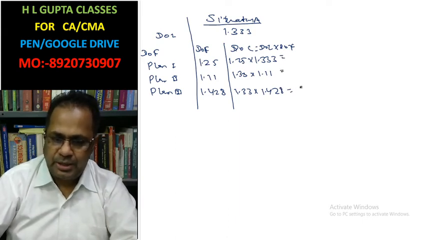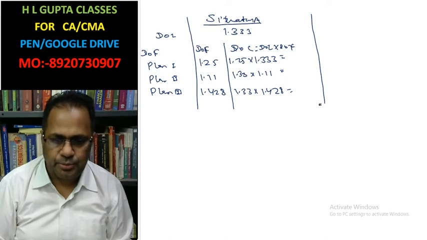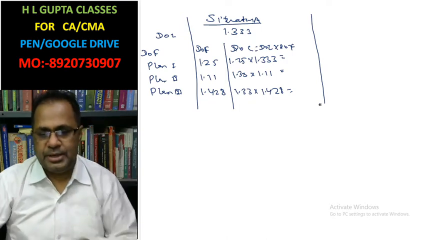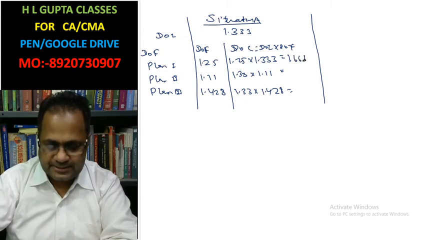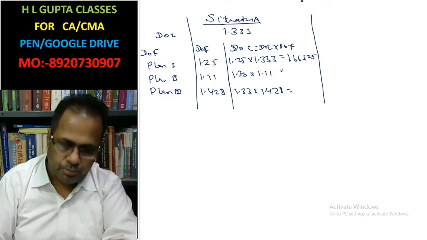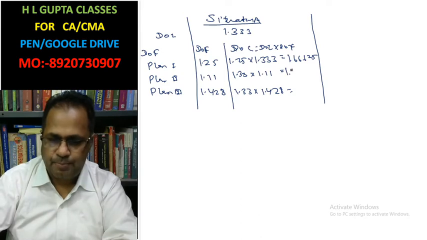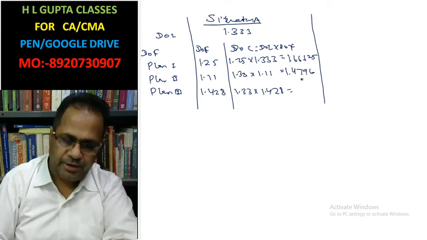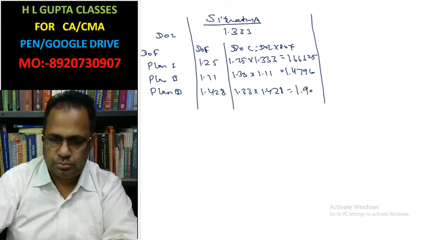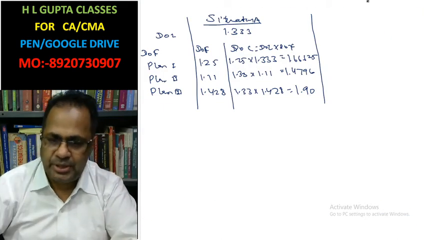So 1.25 into 1.33 is 1.66625, then 1.11 gives 1.4796, and 1.428 gives 1.90.